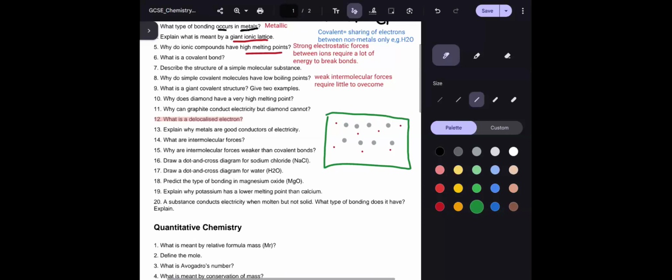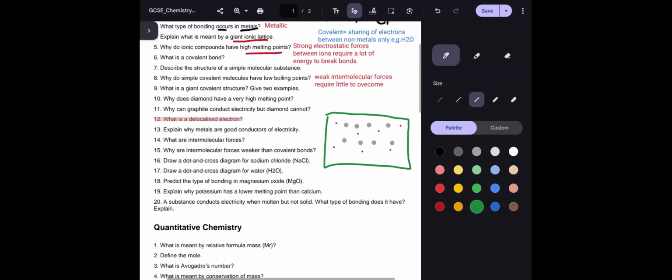So, can you repeat again? Okay. So in metallic bonding, right, we have positively charged metal ions, and we have electrons that are free to move throughout the structure, right? And metallic bonding occurs when these delocalized electrons are attracted to the metal ions, right?